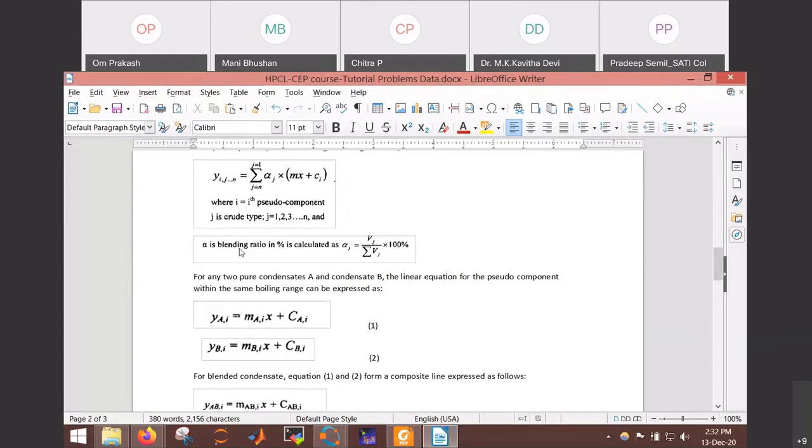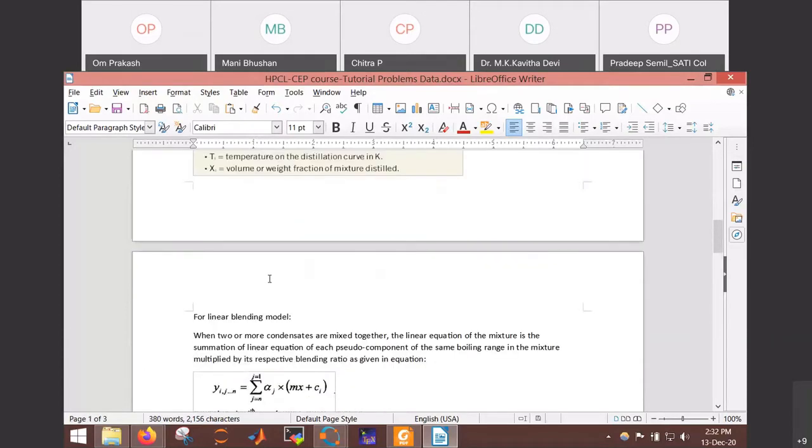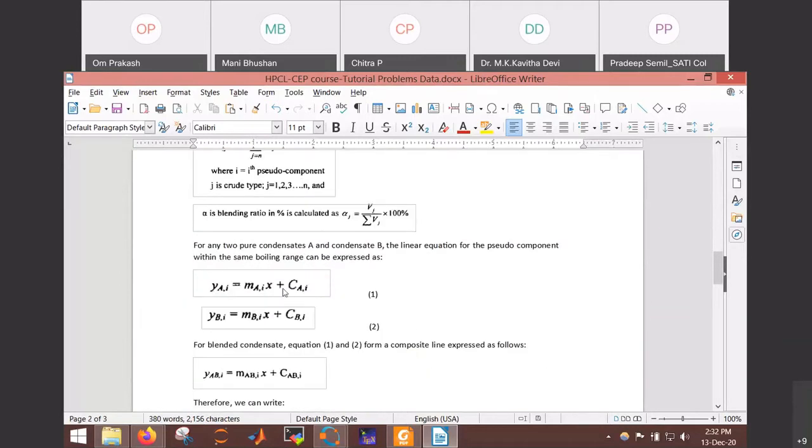So here we can find y equal to mx plus c for one of the crude oils, this is for the second crude oil, and this is for the mixture.